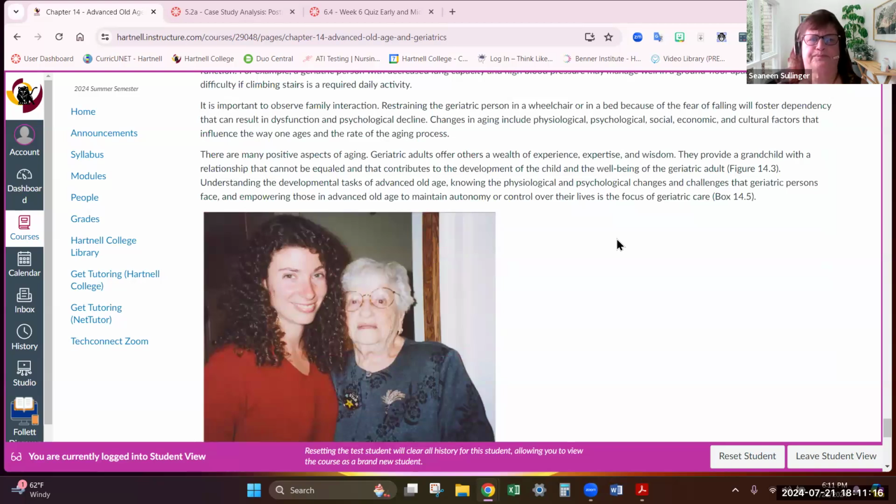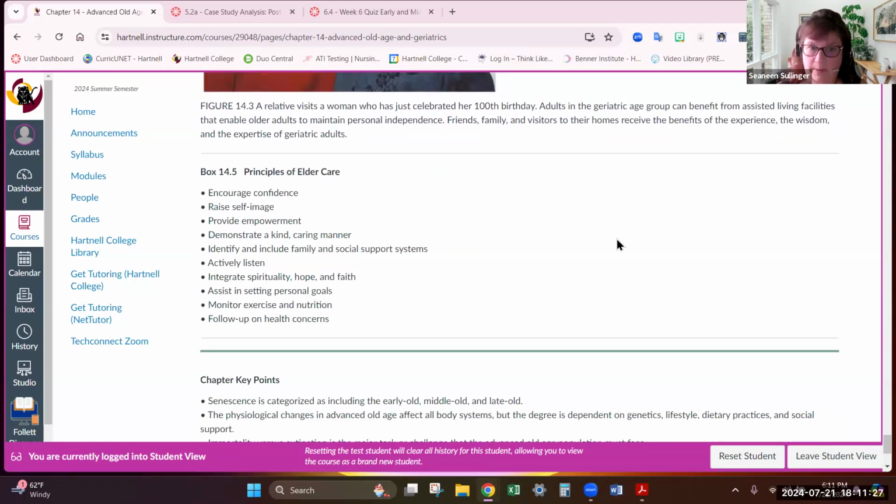So when we talk about caring for the elderly, we understand their developmental tasks and all those things, but what are ways that we can help them maintain their autonomy or help them to thrive as an elderly person?